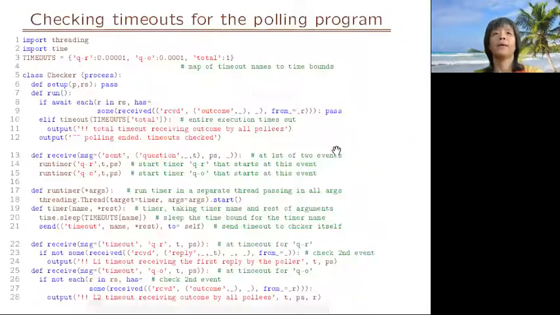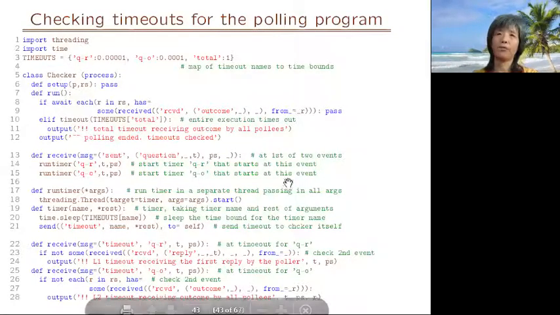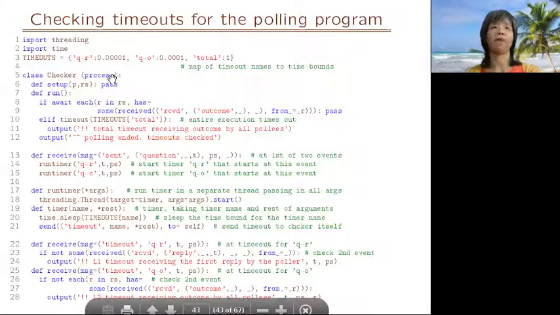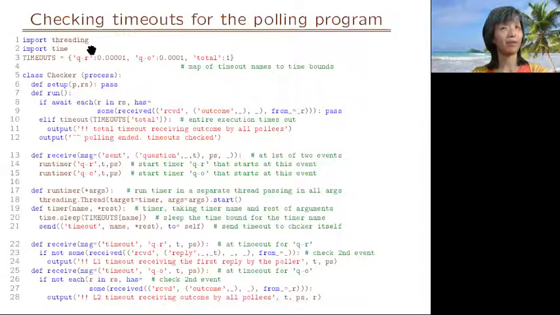Okay, and this is the entire program to check the liveness properties. It looks big, but actually it's really simple. So first you import threading, remember that's needed for the timer, and import the time module, again for timing. And then there's a dictionary that maps each kind of timeout to a particular time.